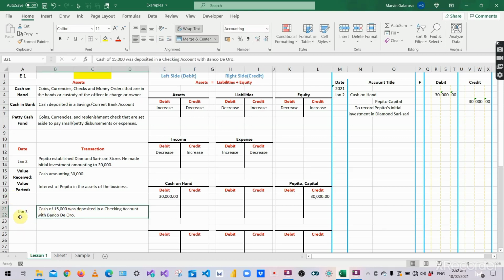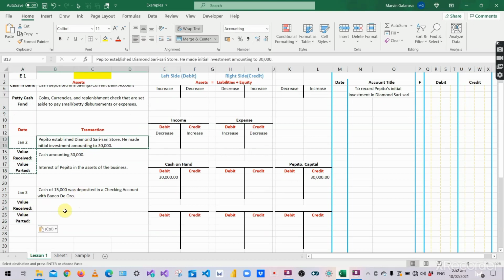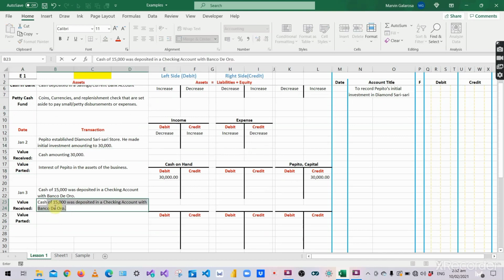So, yung transaction natin for January 3, it involves both cash in bank and cash on hand. Analyze natin, ano yung value received and value parted ni Diamond Sari-Sari Store. Na-receive niya is the cash of 15,000 deposited in the bank, which stands for the cash in bank.